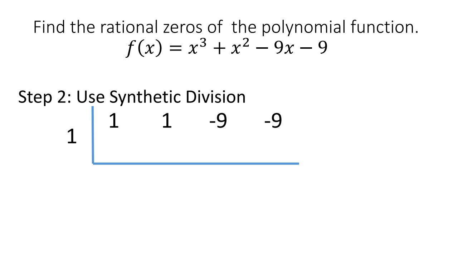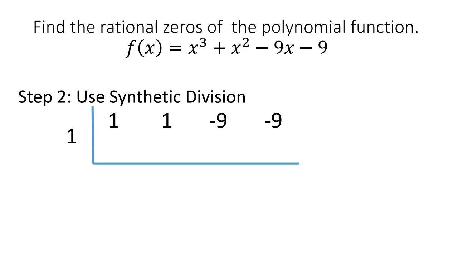Just to review synthetic division, you have to make sure that your polynomial is in standard form, meaning the exponents are in decreasing order, which they are: 3, 2, 1, constant. You also have to be careful that you have a placeholder for all values. I have 3, 2, 1, 0. If any of these values were missing, I would use 0. But I do have them all.